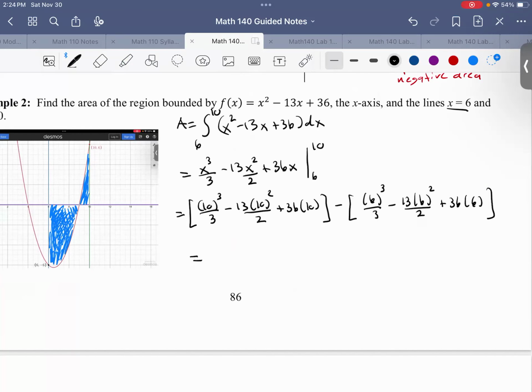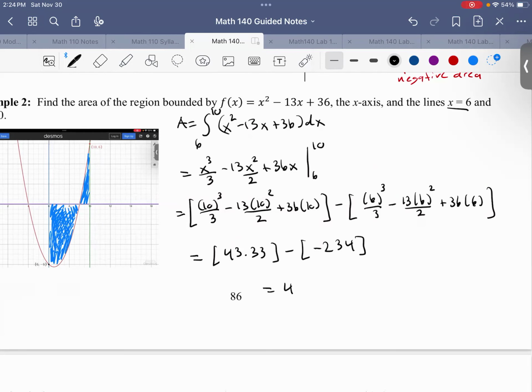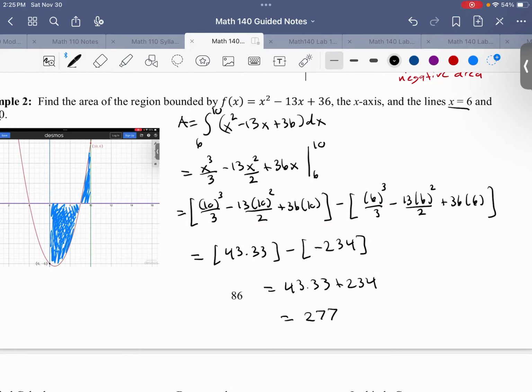With some calculations, I trust that you'll get there. We should end up with 43.33 in the first bracket minus negative 234 in the second bracket. Combining these, we should get 43.33 plus 234. Two negatives make a positive, and you should end up with 277.33. And that would be the actual area of this function between the vertical lines 6 and 10 and the x-axis.